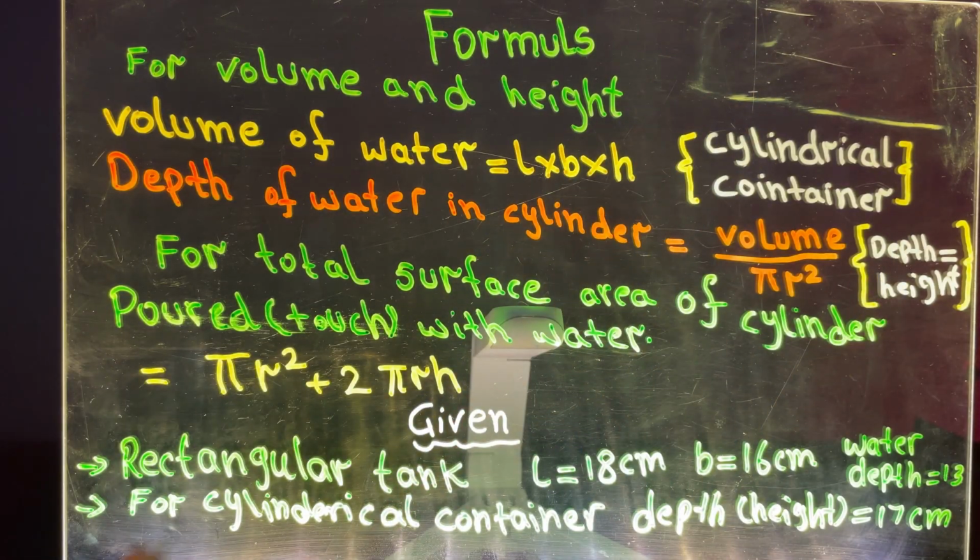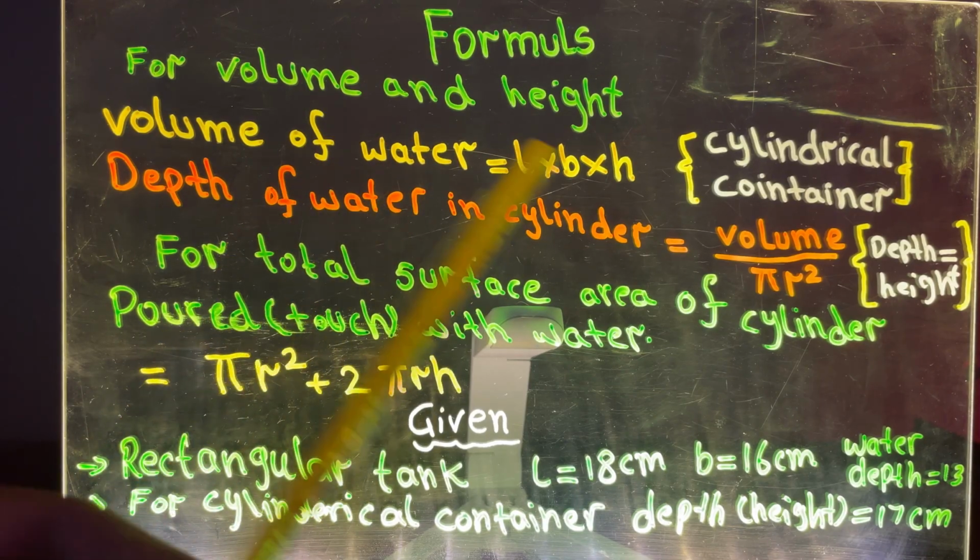In the third and last portion, we will find the total surface area of the cylindrical container that is poured in the water, the surface of the container that touches the water.